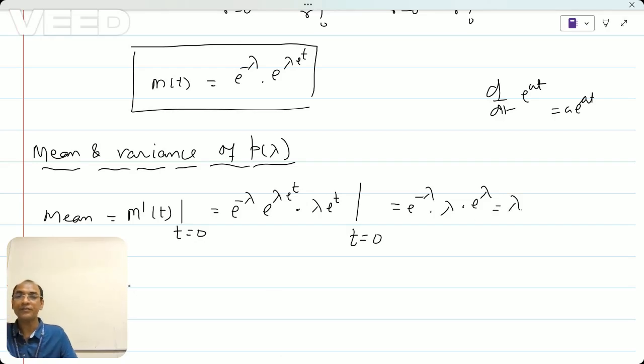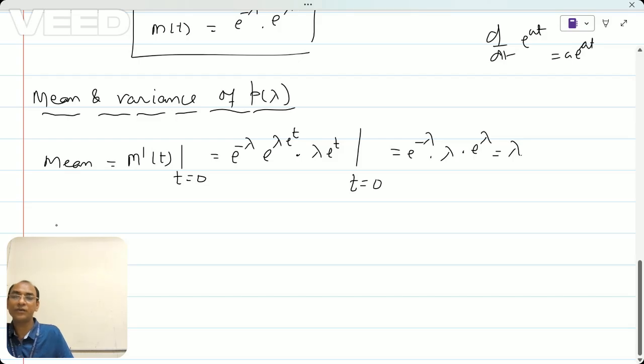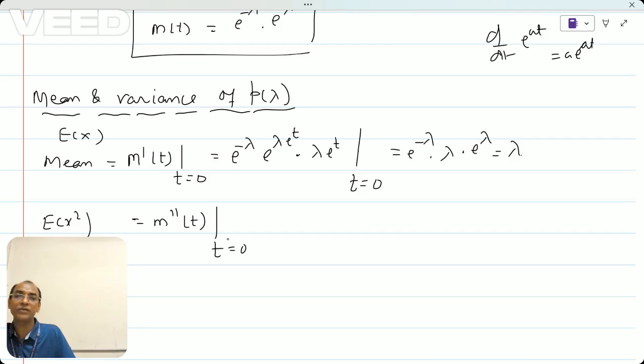Similarly, mean is nothing but expectation of x. Similarly, we can find expectation of x square. That will be nothing but m double dash of t. After that, we can put t equal to 0. Then we will get lambda into 1 plus lambda.